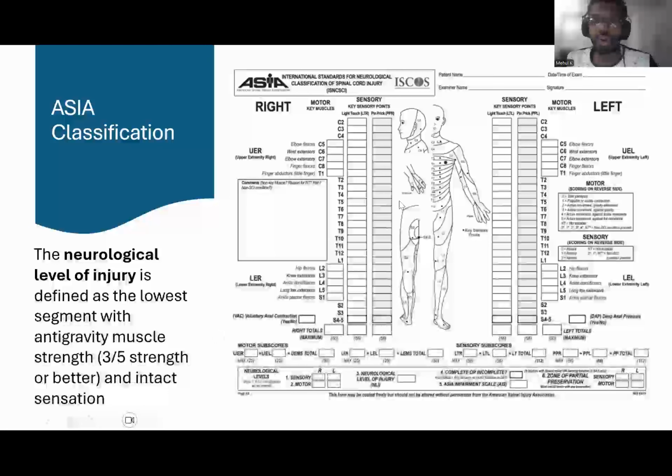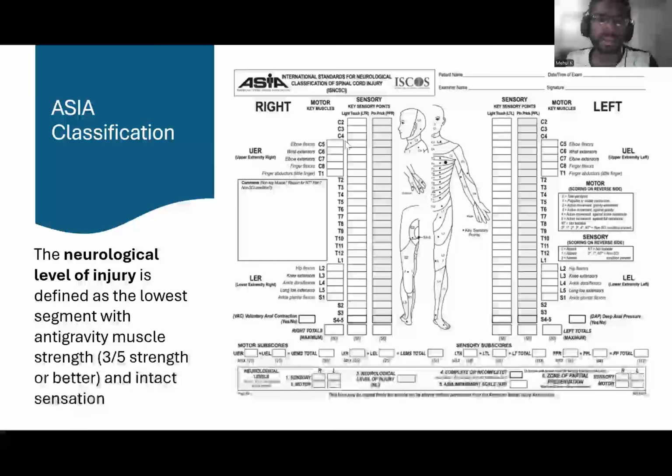But you will only count 3 by 5 muscle strength as your motor level if the level above that has normal 5 by 5 power. So, for example, if C7 has a power of 5, and C8 has a power of 2, and there's nothing present below that, then the level is going to be C7, not C8.